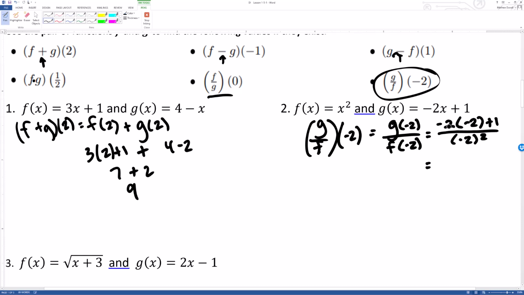And so that's negative 2 times negative 2 is 4. 4 plus 1 is 5. 5 over 4. So my suggestion is to break them up like this.